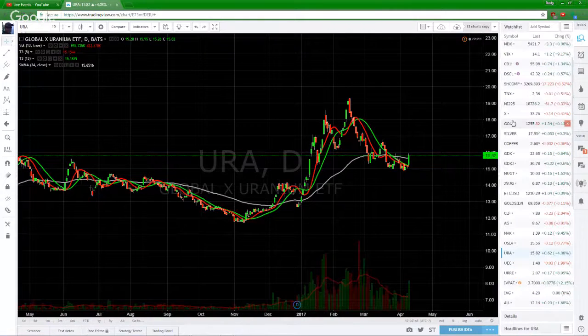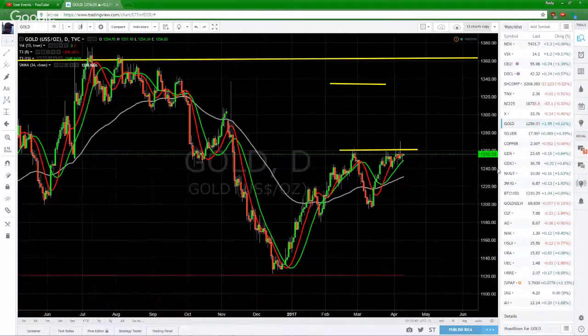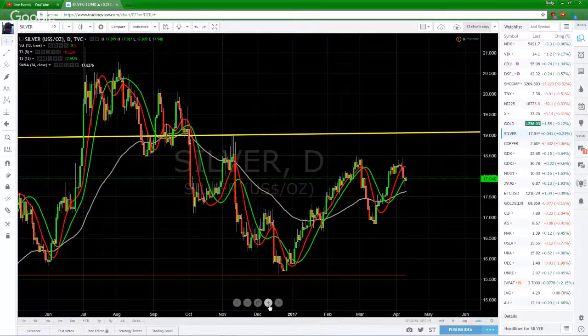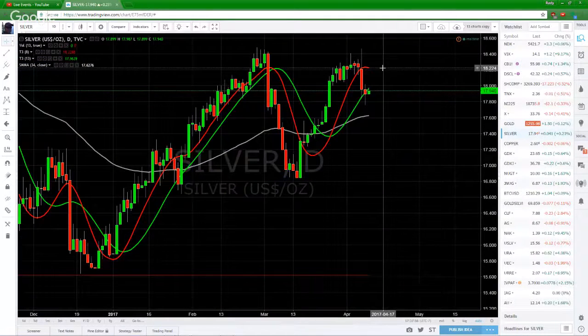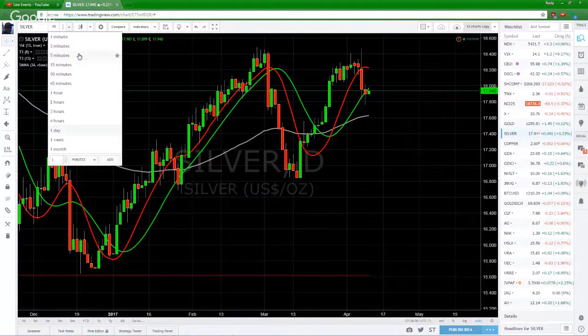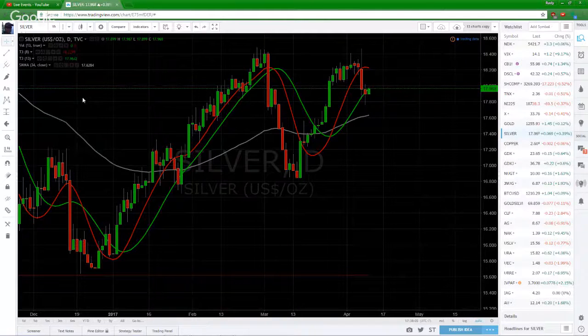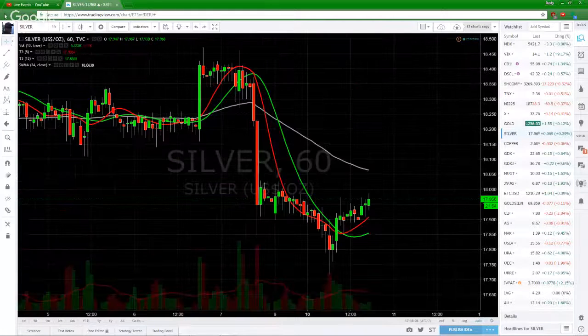Let's see. Looks like gold's up. Silver's up. Lots of resistance on the way up since it's sharp pullback. So it might need to build. Let's look at a 60-minute chart for silver. Hey, look at that. Reverse head and shoulders.